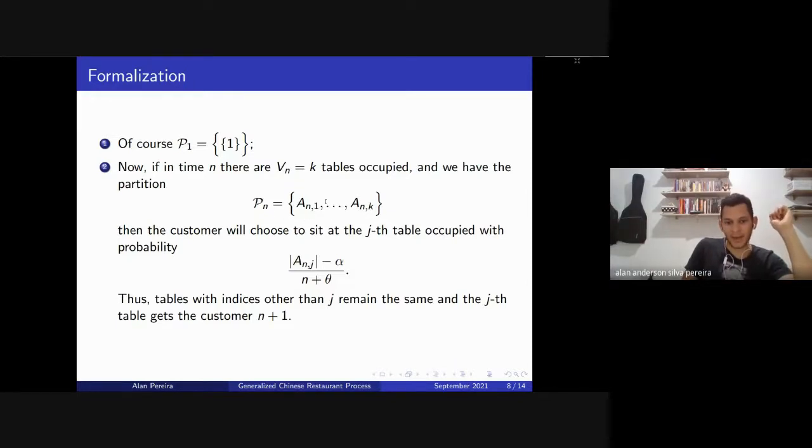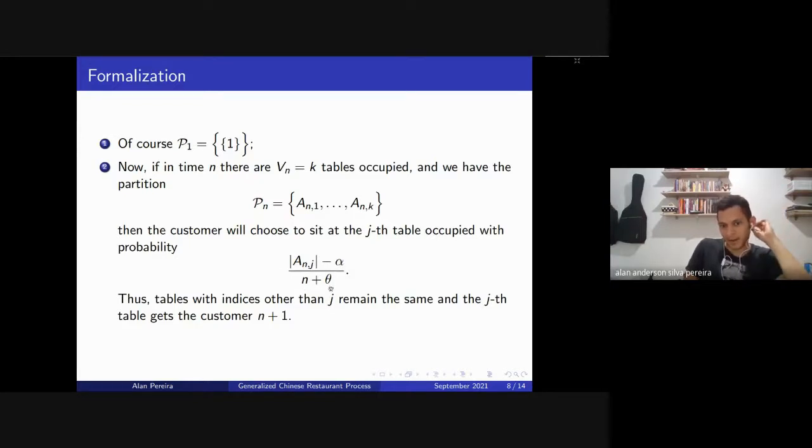Now the customer enters the restaurant, and he has to choose a table to sit at. The probability he takes table j is the number of people at table j minus alpha, over n plus theta.